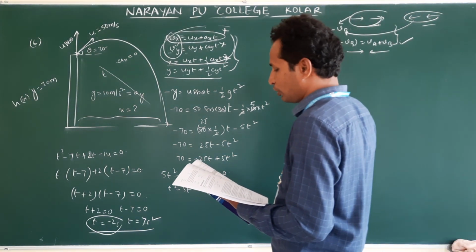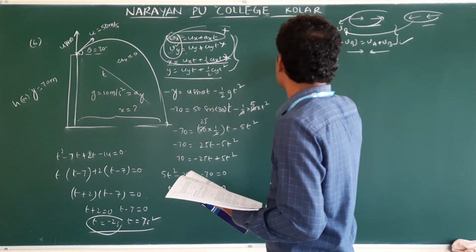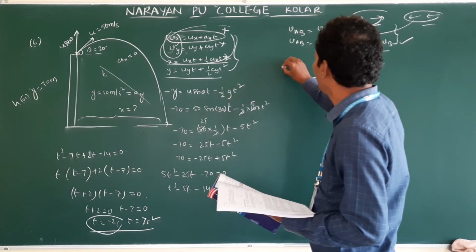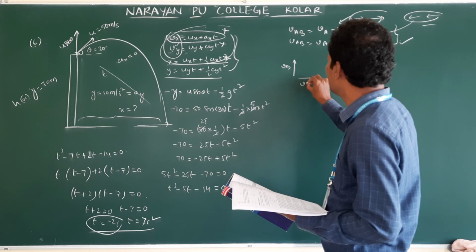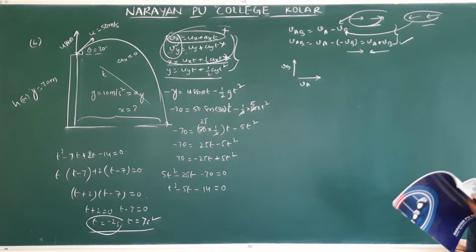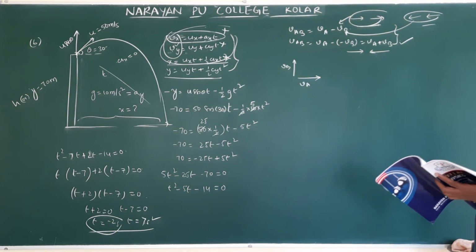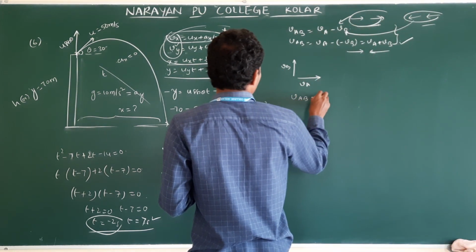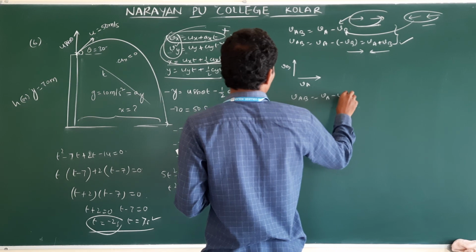What did they give? One object moving like this and another object moving like this. This is VB and this is VA. In this case, how do we do it? Clear? So velocity of A with respect to B, VAB. Then how do we do VA minus VB?